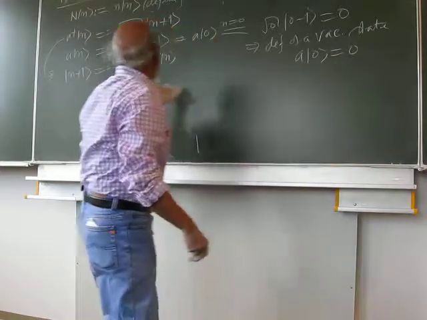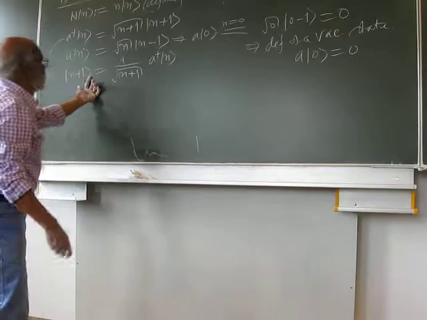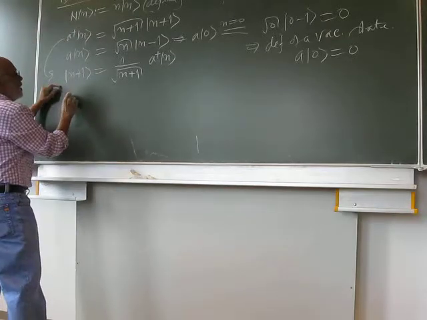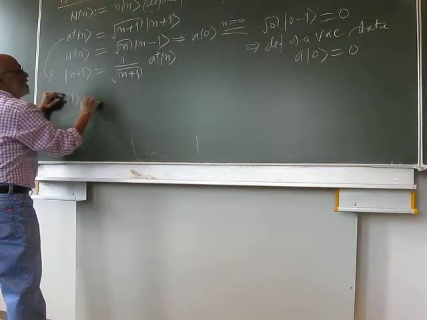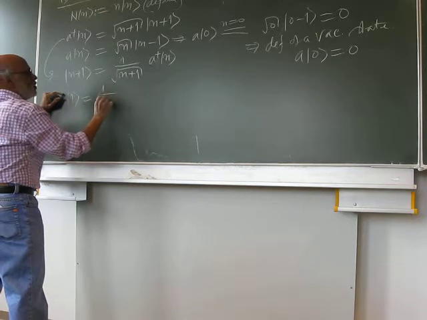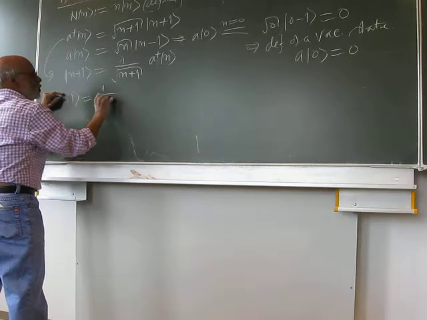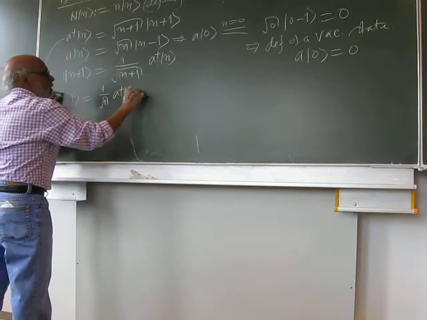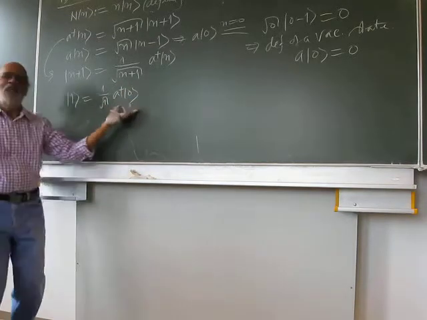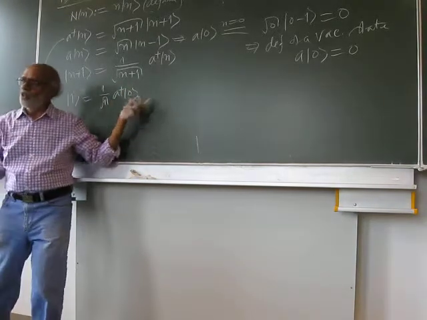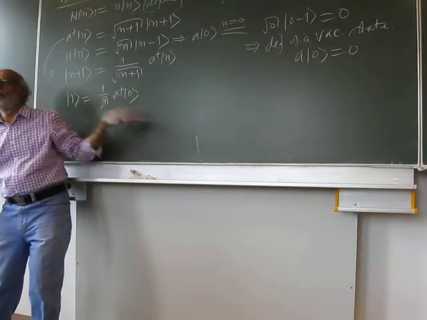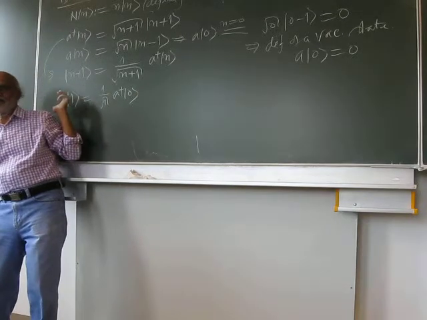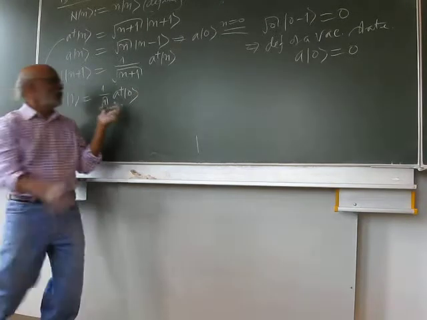But now if you put n equal to 0 in the creation relation, then you have the one particle state. You apply your creation operator to the ground state and you get the one particle state.